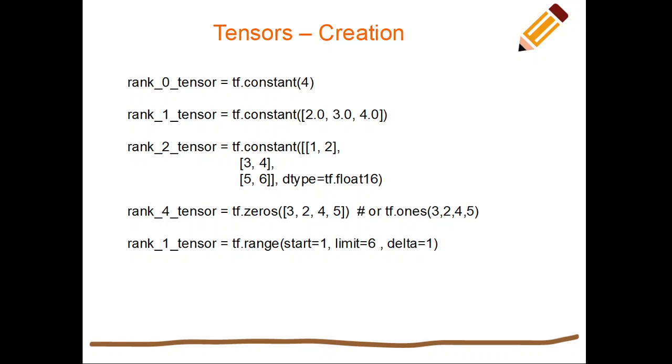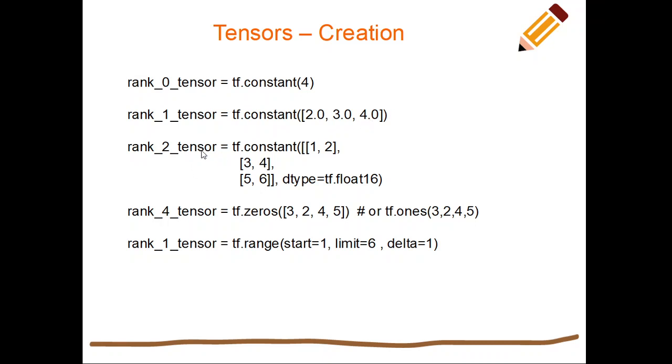So how do we create these tensors? We can create a rank 0 tensor using something like tf.constant, and we can just give the value. If you want a rank 1 tensor, we can create it using a list of values. In this particular case we are giving 3 values.